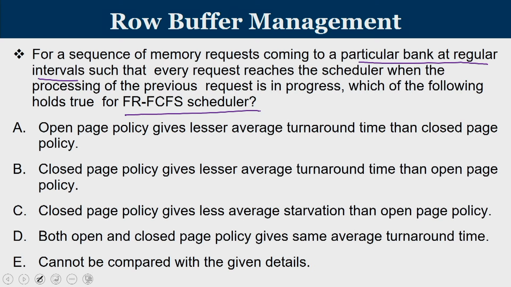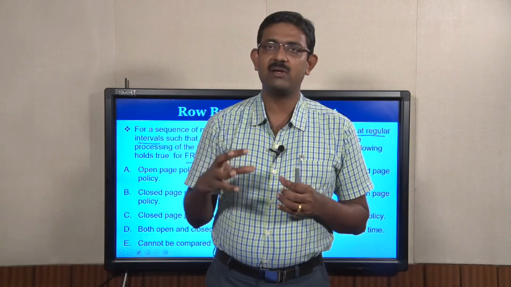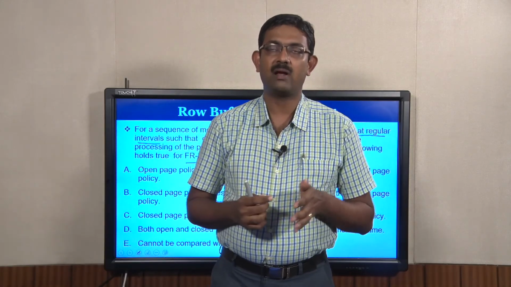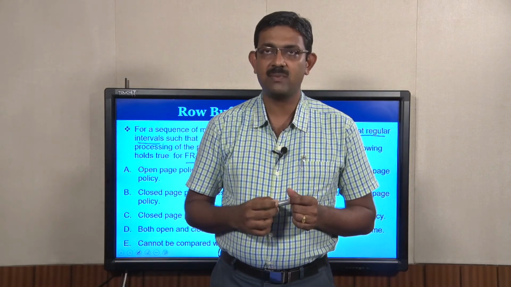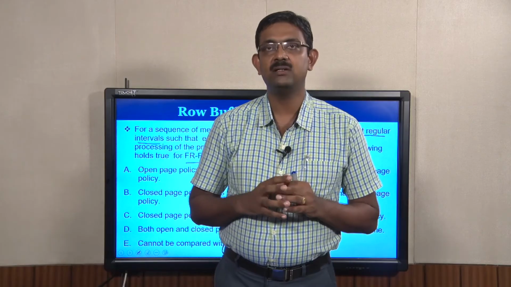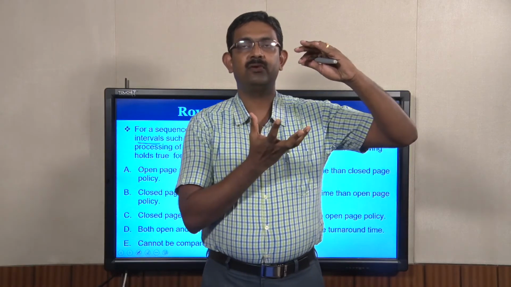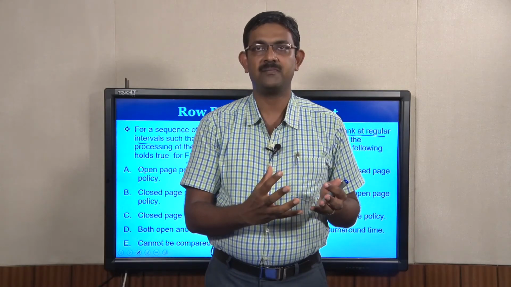So, we have to understand the concept of turnaround time. When a request comes into the DRAM queue, from that time until the request is completely serviced, that means the content asked for by the request is transferred to the DRAM controller, that is called turnaround time. You have a bank which has a row buffer, and some contents already exist there.